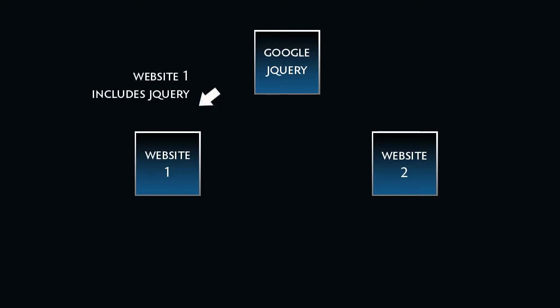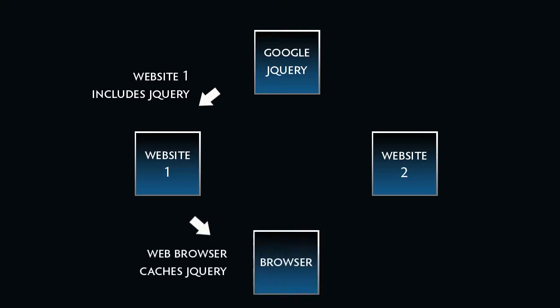What this means is that if a user has visited a site already using Google's served up jQuery, it will be cached on their machine, reducing load times on your site. The only reason you wouldn't want to use this is if you're using jQuery in an offline or sensitive environment, such as an internal intranet site, and you don't want to be going out on the web to include JavaScript.